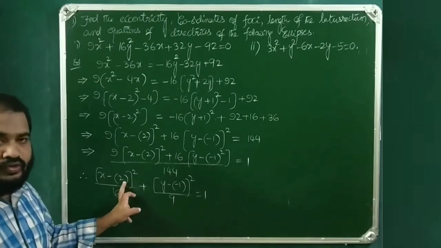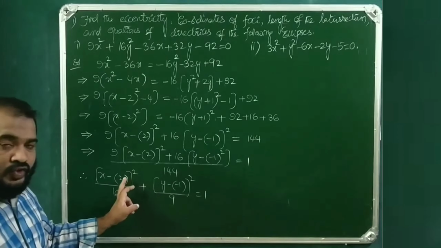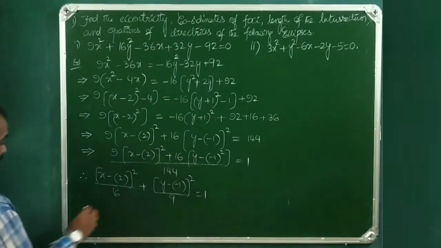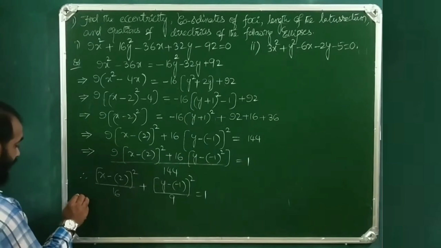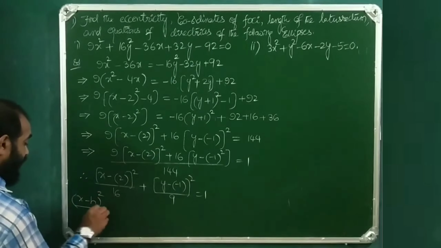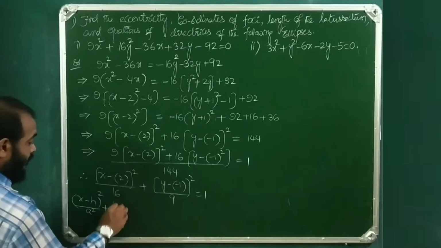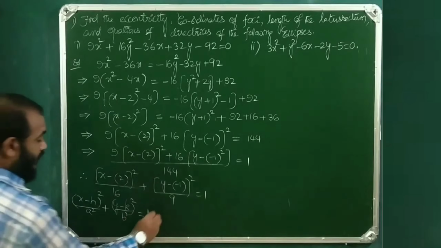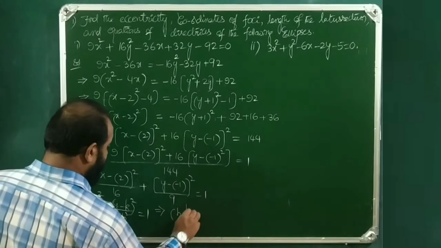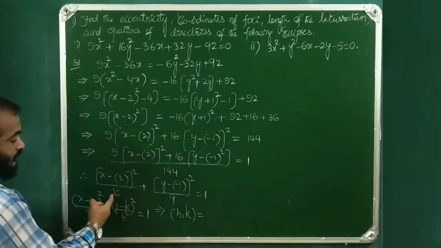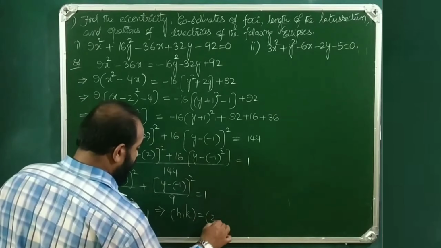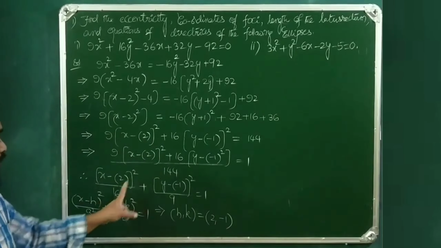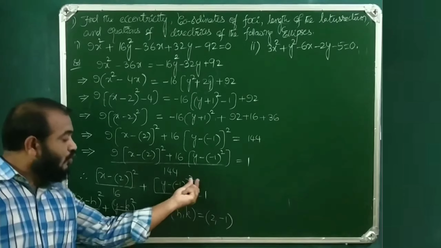Here, it is of the form (x − h)²/a² + (y − k)²/b² = 1. Here (h, k) is (2, −1).